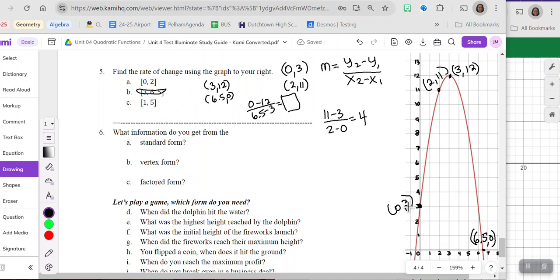1 and 5. When x equals 1, this is 8. And when x equals 5, oh, this is also 8. Well, I mean, it's a horizontal line, so it's going to be 0 slope. You can calculate it, 1 comma 8, 5 comma 8, and it's 8 minus 8 over 5 minus 1, which gives us 0, which makes sense.